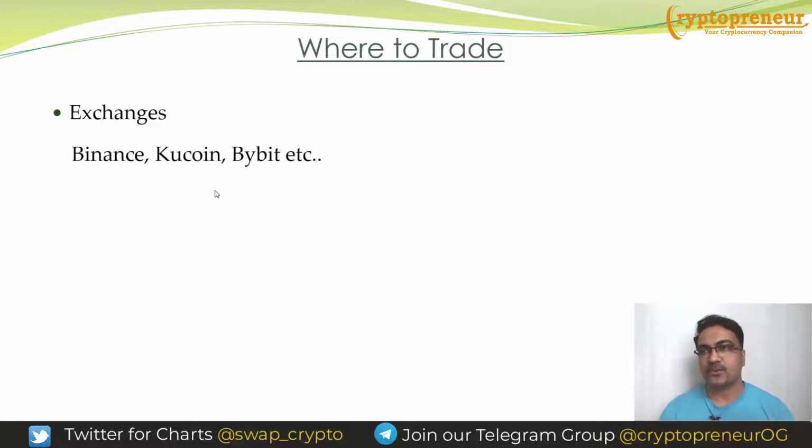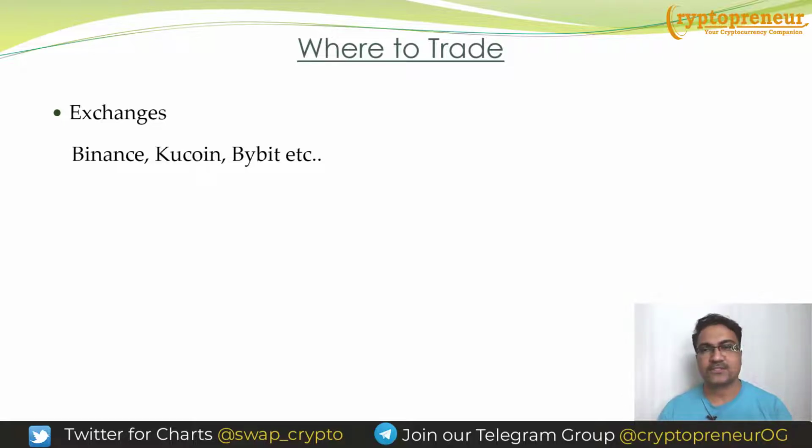So Binance is a very good option, KuCoin, Bybit, and you can also have different types of exchanges, domestic exchanges. There are many exchanges in the US, and many local exchanges in the UK. So in domestic currencies also you will see many options, like Kraken in Europe and Coinbase for US citizens.